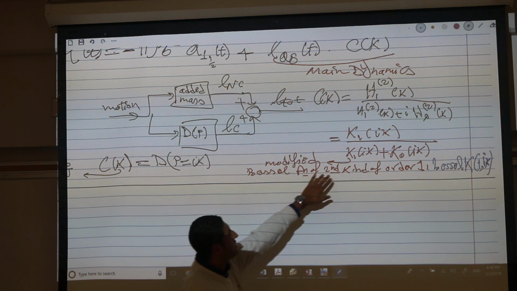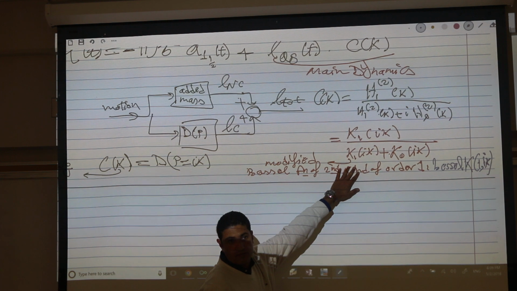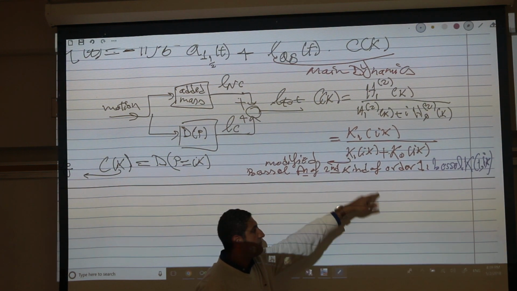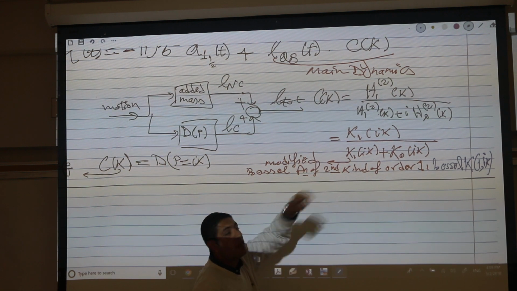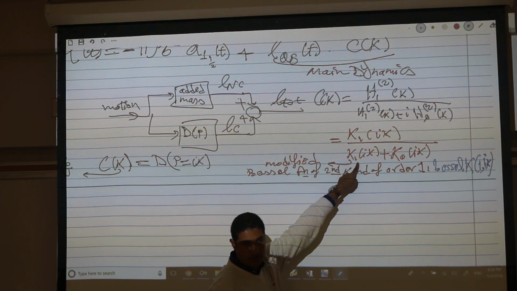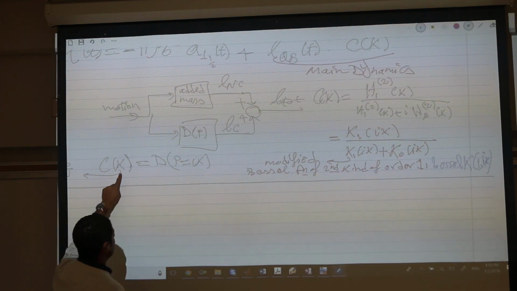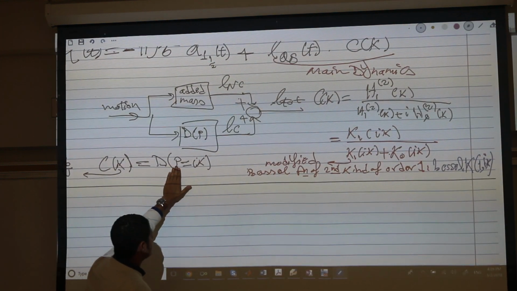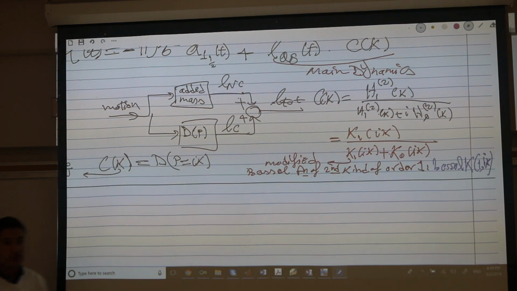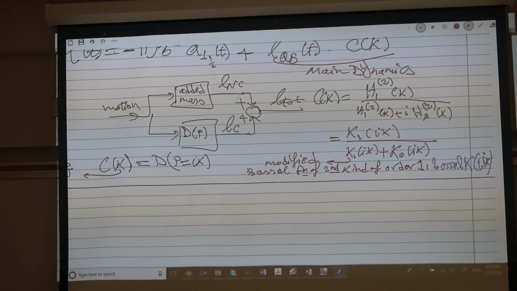So K1 and K0 are known functions. You use the MATLAB command and you get these functions. If I tell you that this is my frequency response, which is the transfer function after replacing P by IK, can you give me my transfer function immediately, D of P?